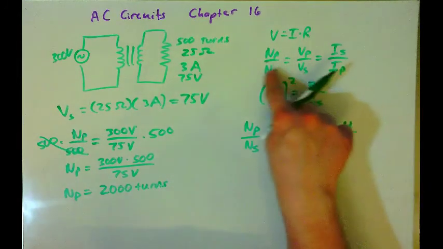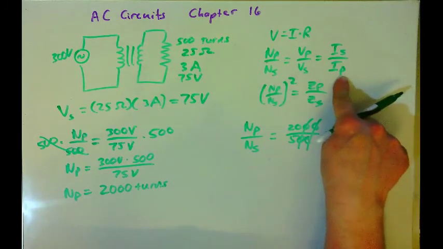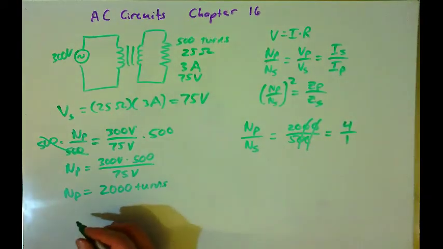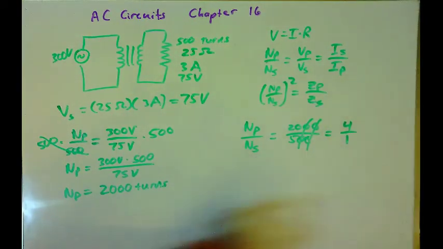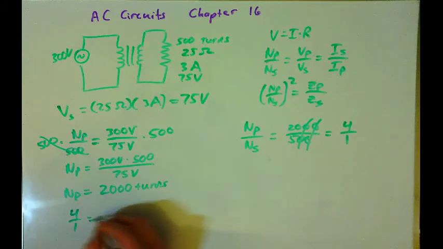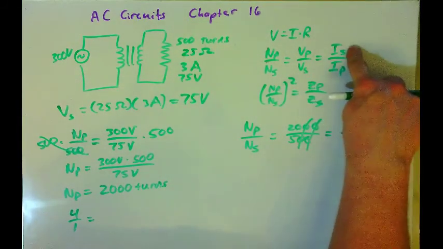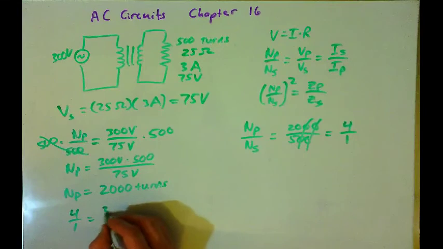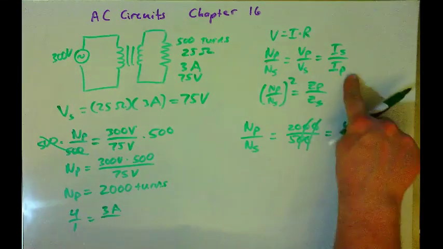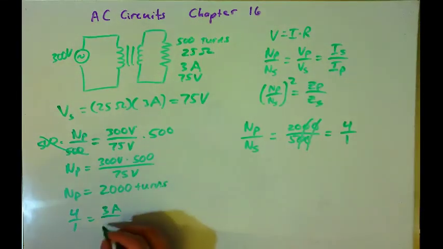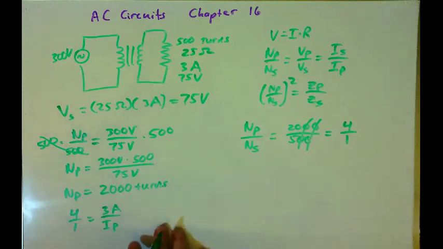Now that we know the turns ratio, we can use that to find the current in the primary. So the primary turns to secondary turns is 4 to 1. And that will be equal to the secondary current, which is 3 amps, divided by the primary current, which we don't know yet. That's what we're looking for.